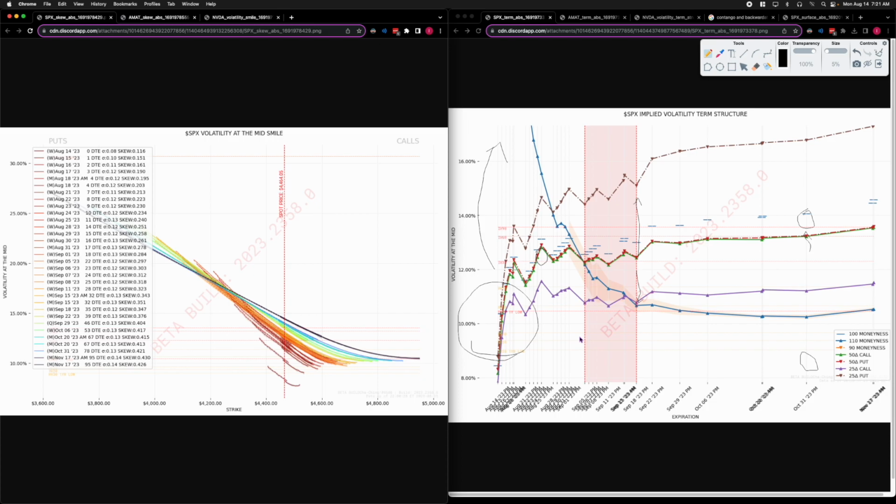But yeah, going back to the topic of the skew, the fact that there's an asymmetry here is reflective of the fact that we have put skew. And so you can also compare, okay, well, is the skewedness expanding over time or contracting over time, et cetera. And I'll get into in a later video why that might be relevant.